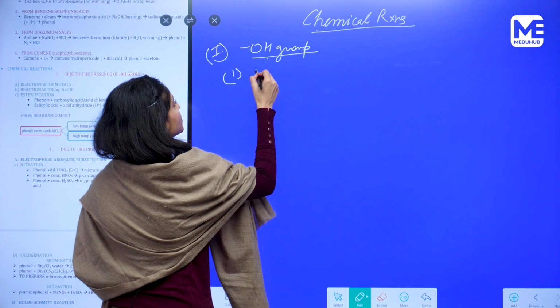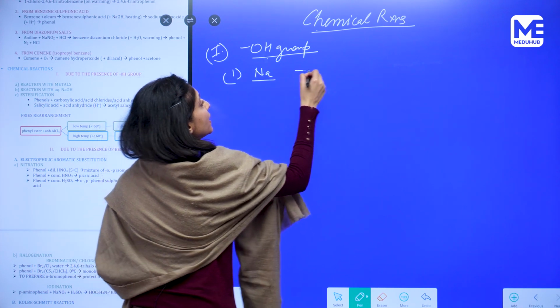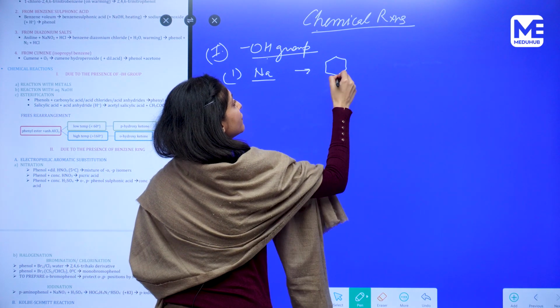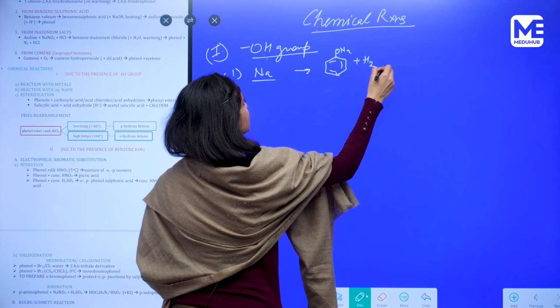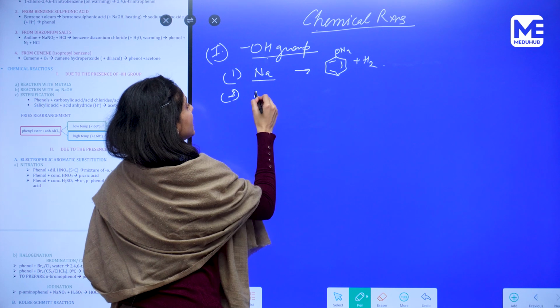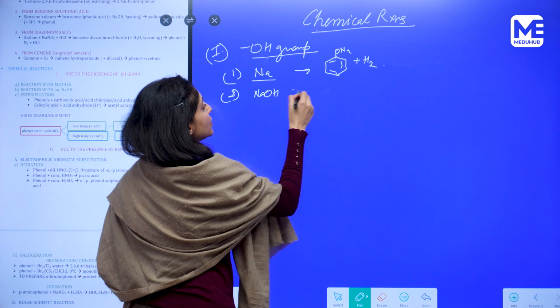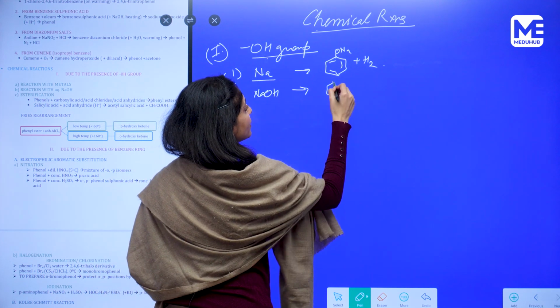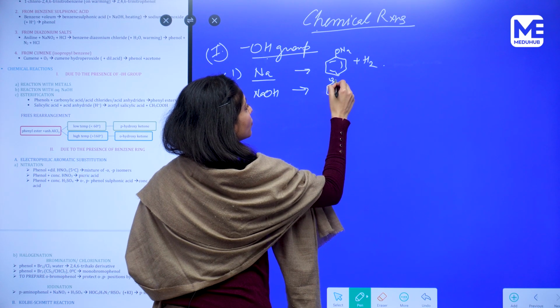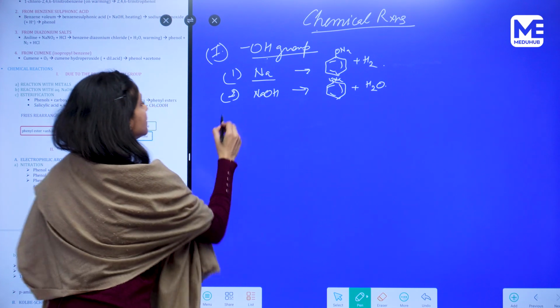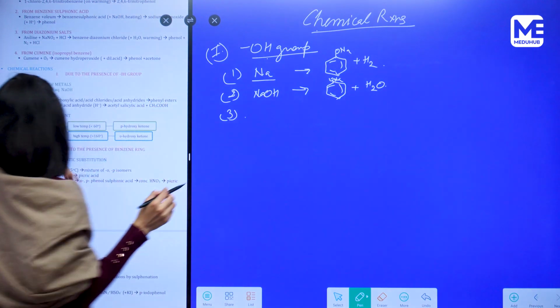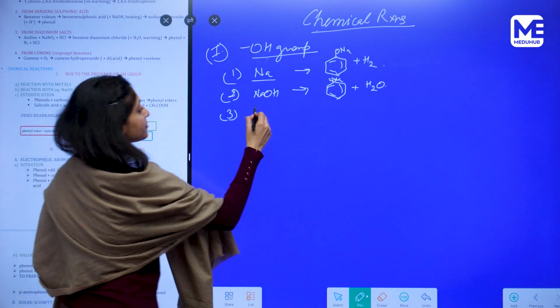One is the reaction with metals like sodium, in which we get sodium phenoxide plus hydrogen gas. And second is the reaction with a base like NaOH, which again gives us sodium phenoxide plus H2O. The third important reaction is esterification.